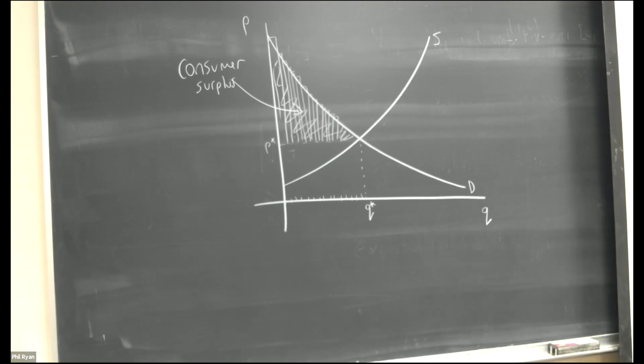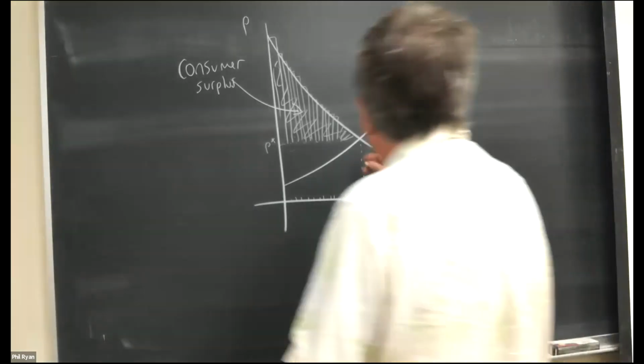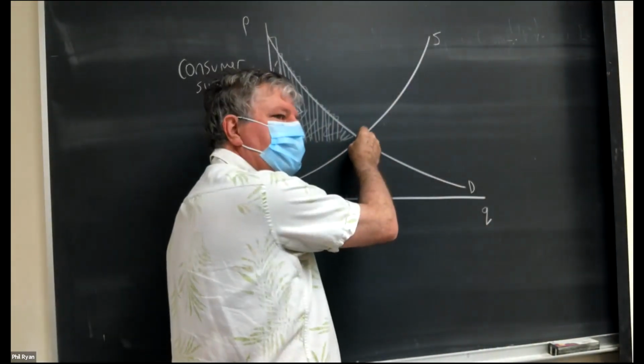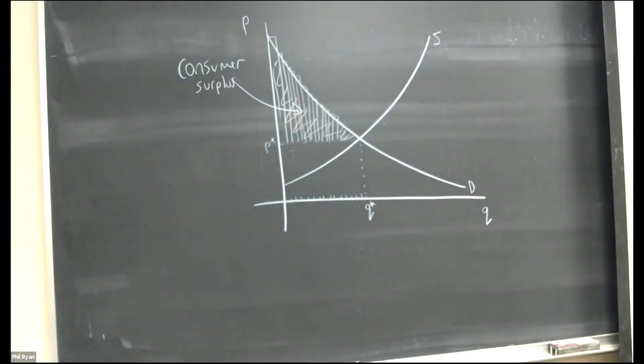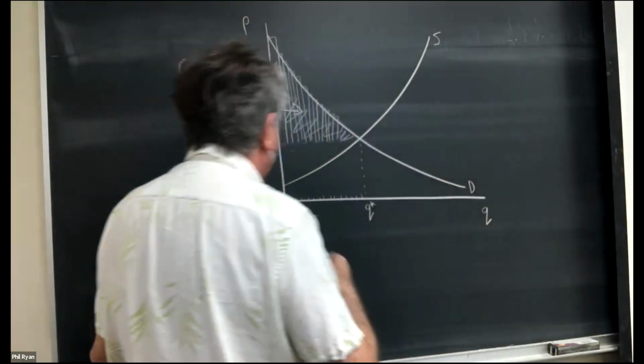Similarly, we can do the same thing with the producers, right? So they got this price. Some of them would have been willing to sell it for a lesser price. So they gained money too. Everyone's getting money. We're all getting rich. Okay, and we can do exactly the same thing.